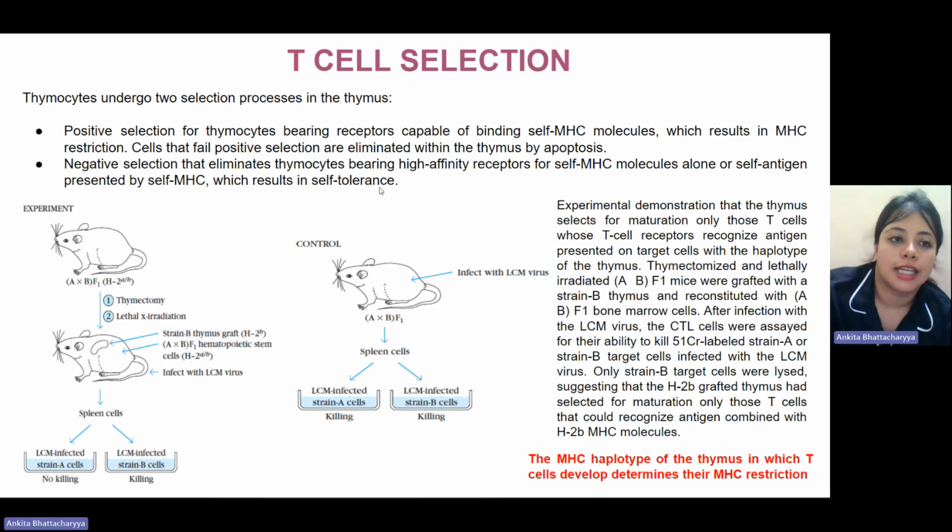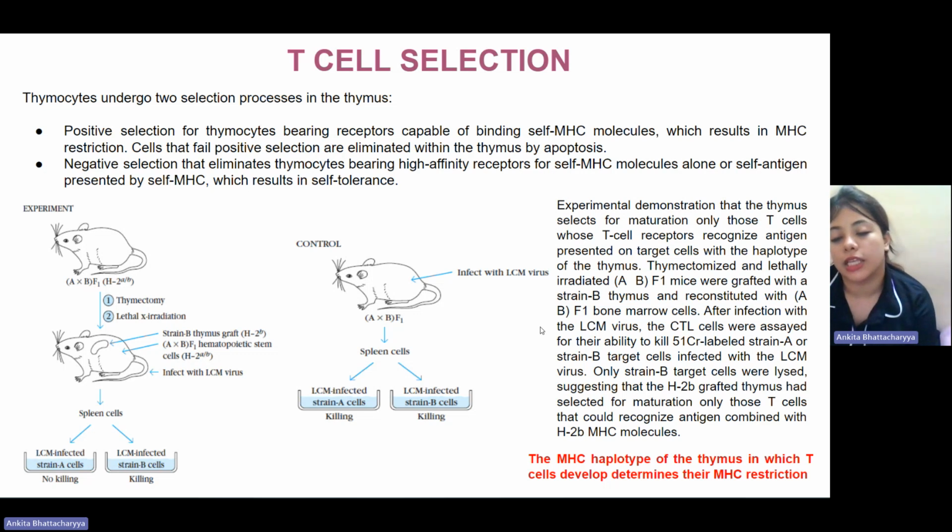Now, in summation, we can say that as part of the selection process, these thymocytes undergo two selection processes. First, there is a positive selection for thymocytes bearing receptors that are capable of binding to self-MHC molecules, which allows for MHC restriction. This is the key word.